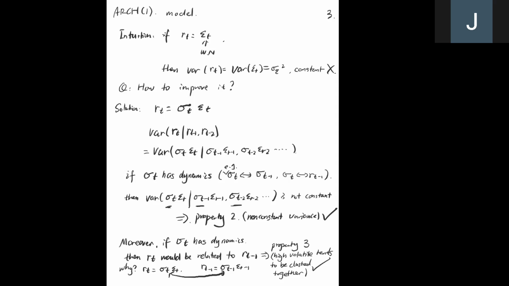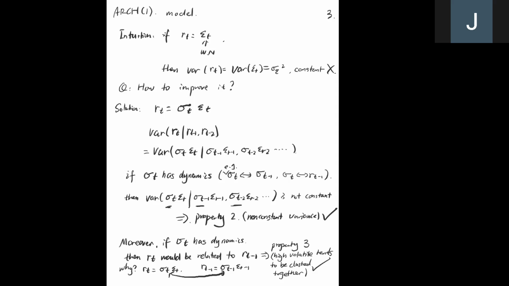Yeah, so if your sigma t has some dynamics, then your current period return would be highly related to your previous period return, or possibly your return two periods ago. That would make your graph such that the high volatile periods tend to be clustered together, and the low volatile periods also tend to be clustered together.